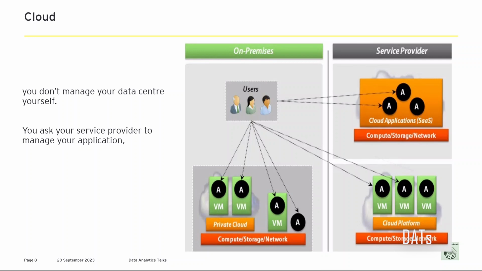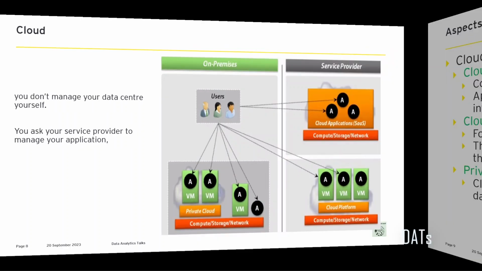As you see, the on-prem will be managed in the organization itself with your private cloud or maybe VMs or internal network storage and all. But when you ask some service provider to take care of your application as a SaaS or software as a service or platform as a service, you are enjoying the benefit of cloud computing. Hope you understand the difference between cloud computing and on-premise computing.